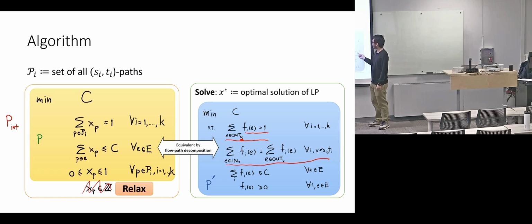This is just to say that for every node that is not source and sink, you have flow conservation. And then the total flow value on each edge, summing over all i, flow 1 on e plus flow 2 on e up to flow K on e, is at most C. And then the flow values need to be non-negative.